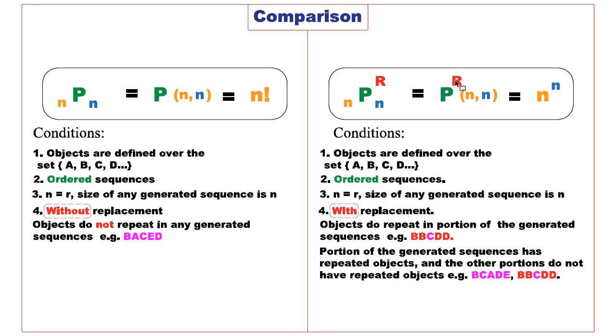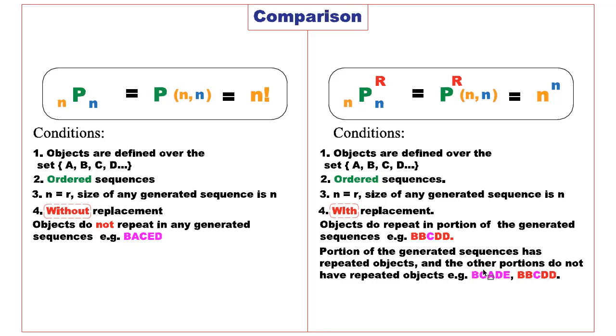In case of permutation of n objects taken n at a time with replacement, we are going to have two portions of sequences. The first contains sequences that have no repetitive objects, and the other portion has sequences with repetitive objects such as BB, DD, and so on.